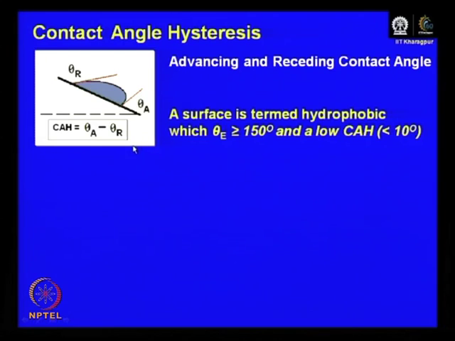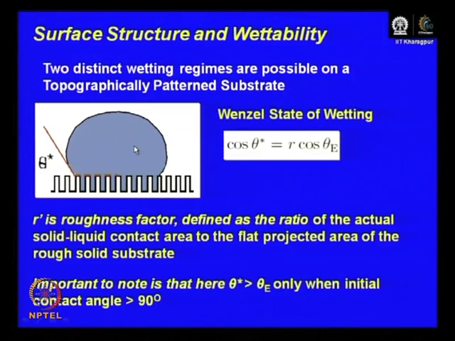Since we are discussing the Young's equation, and we have already talked about structural superhydrophobicity in the initial slides, let us also take a quick look at what happens there.